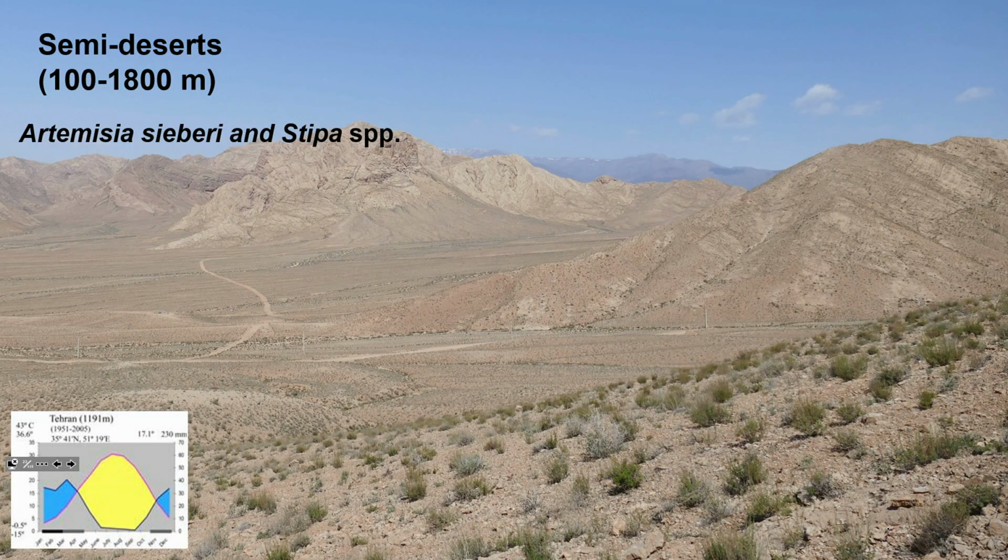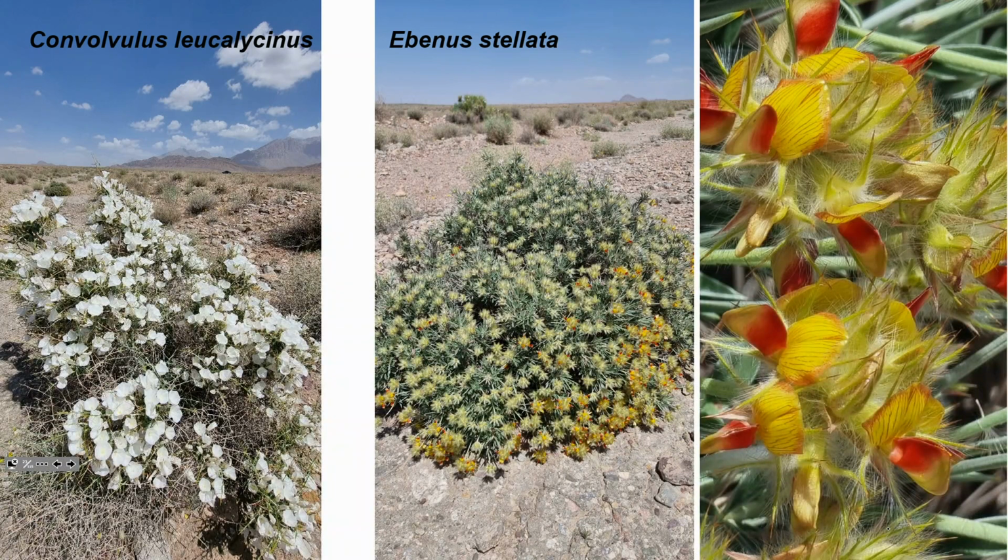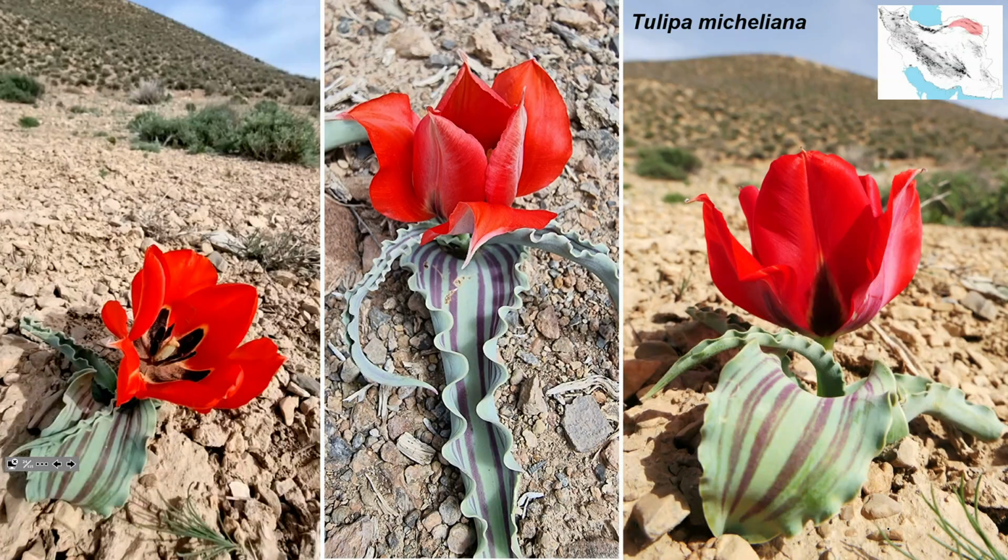And then when we go to a bit higher elevations, precipitation increases a bit, and we have semi-deserts or steppes. Dominant species are usually Artemisia and Stipa. There are some species we can see here, in some places dominant, Ebenus stellata or Convolvulus leucocladus.